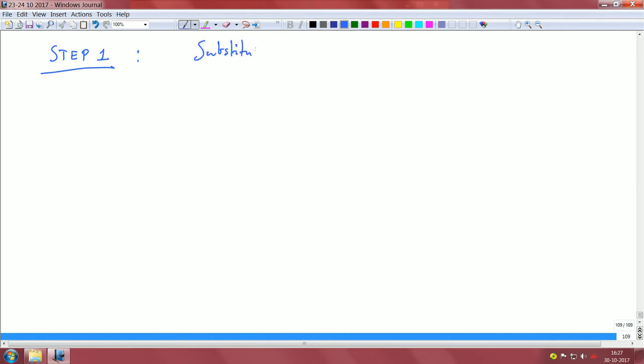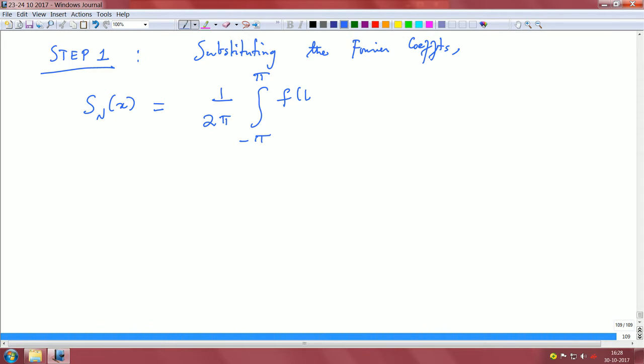We substitute the Fourier coefficients, and when we do that we can write Sn of x. a naught is 1 upon 2 pi integral minus pi to pi f of t dt, and then a n is 1 upon pi integral minus pi to pi f of t cos k t dt.